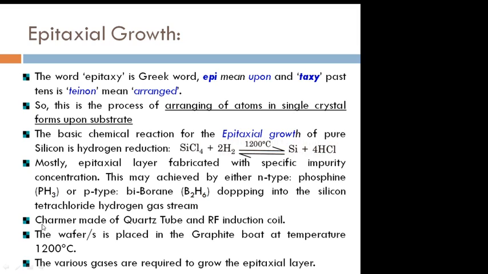This is one name of a scientist. The chamber made up of a quartz tube and RF induction coil, this quartz tube or the RF induction coil is a unit.